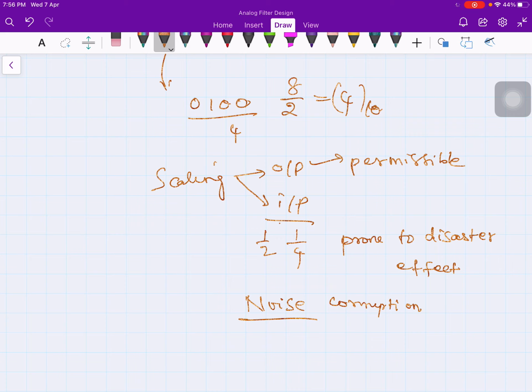Therefore your scaling also has to be done in a distributed manner, judiciously. Don't do it at one particular place.